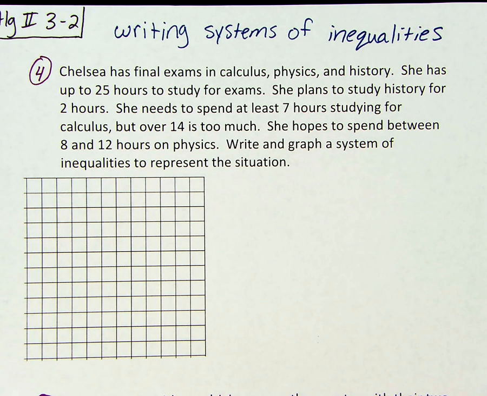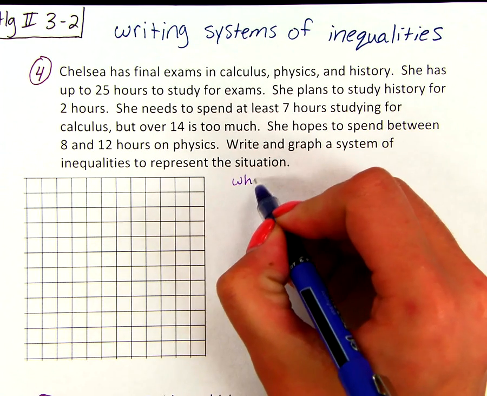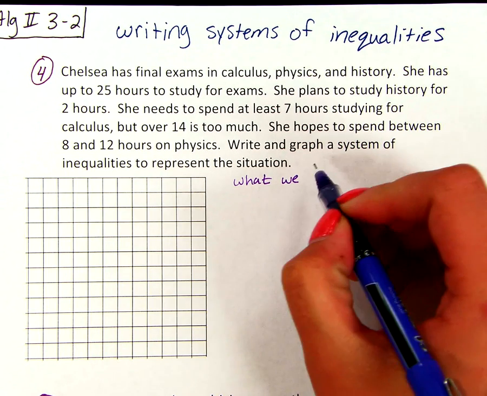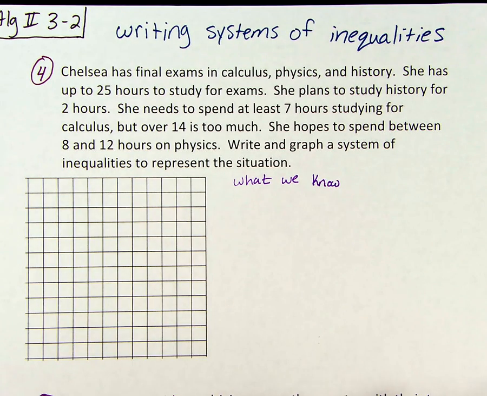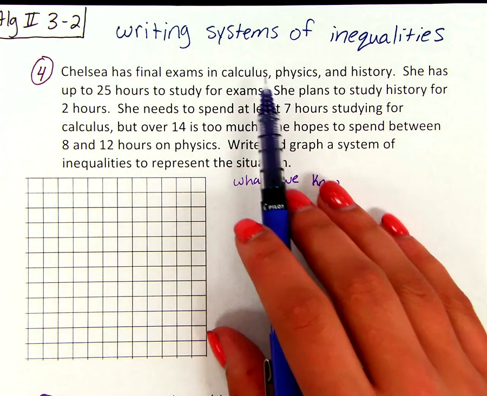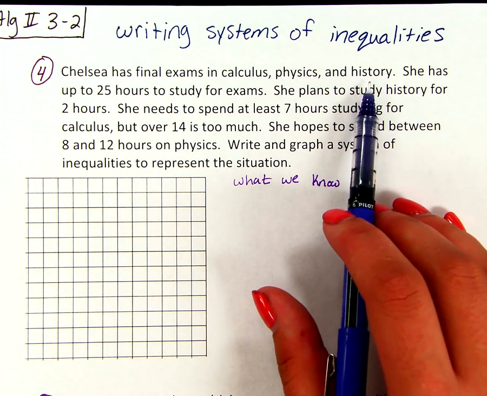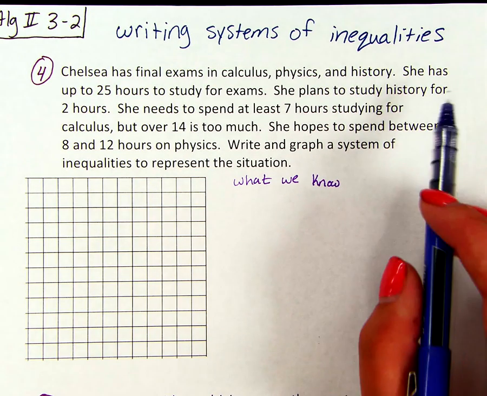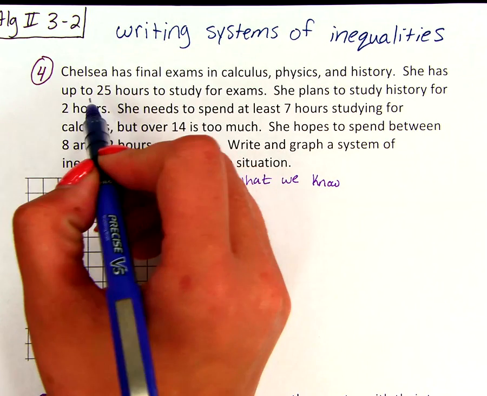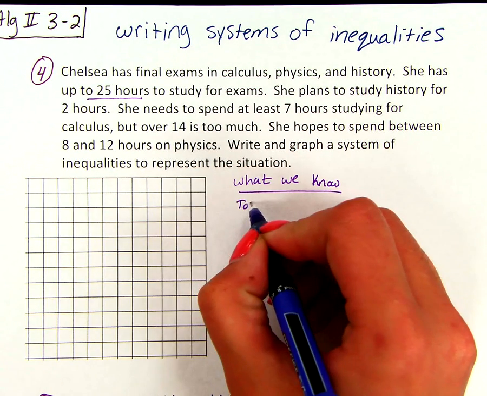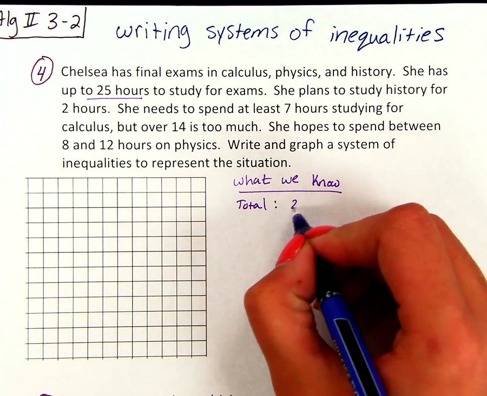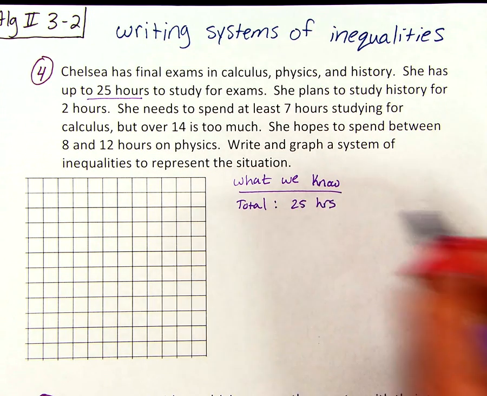So we're just going to start by writing down what we know from the problem. Okay, so if we start at the beginning, we're talking about calculus, physics, and history. And we have a total of 25 hours to study. Okay, so total 25 hours.